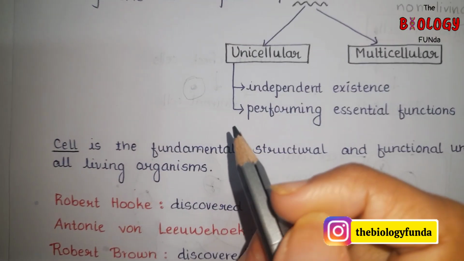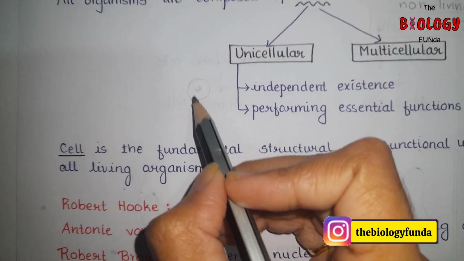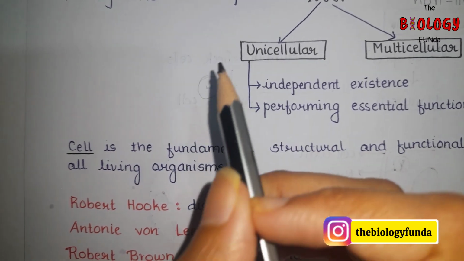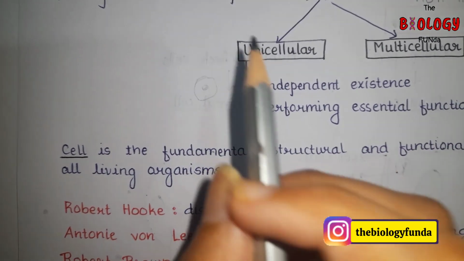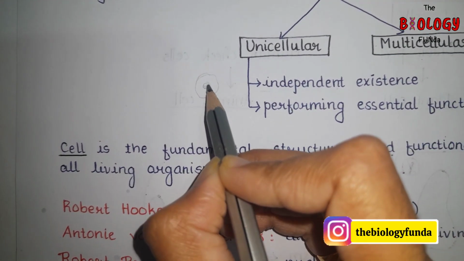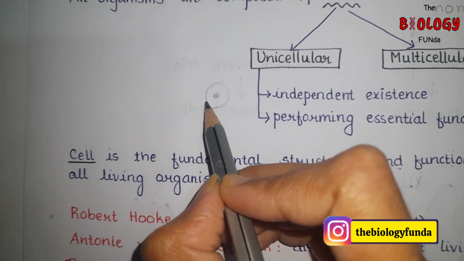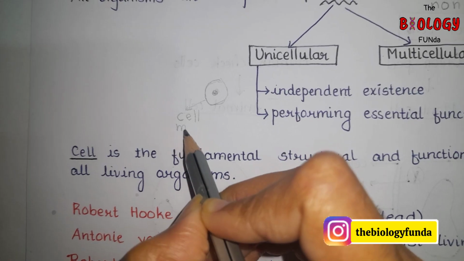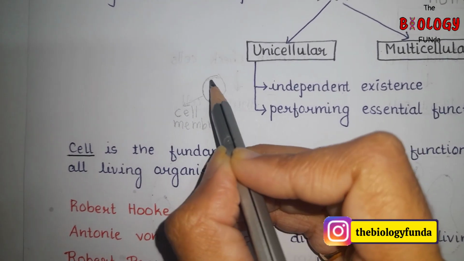Now, if any structure does not have the cell or the components of the cell are absent, then we can't call them living. What are the important components in a cell? If I tell you to draw a cell, this is how you will draw. The cell has a cell membrane. The next thing that you will see is cytoplasm.